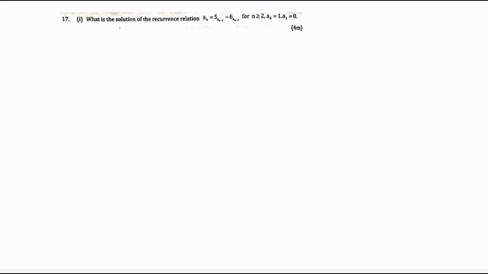What is the solution for the recurrence relation a_n equals 5 a_(n-1) minus 6 a_(n-2), where the conditions are a_0 equals 1 and a_1 equals 0?